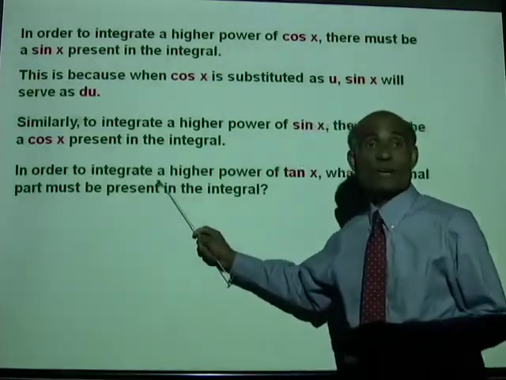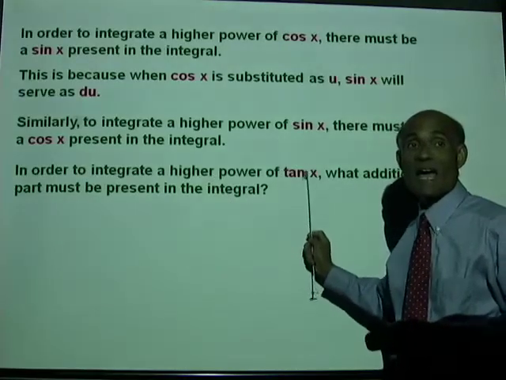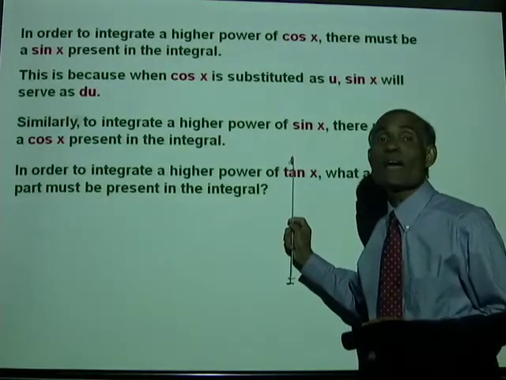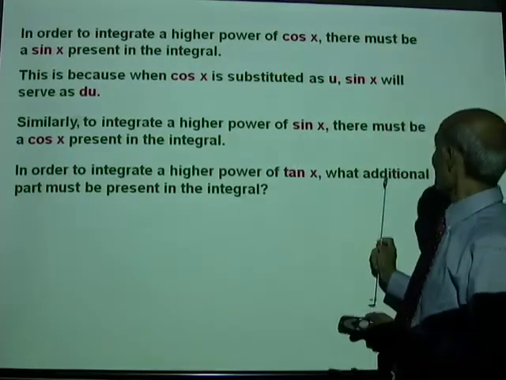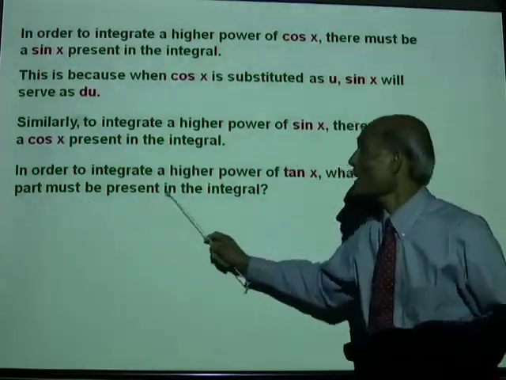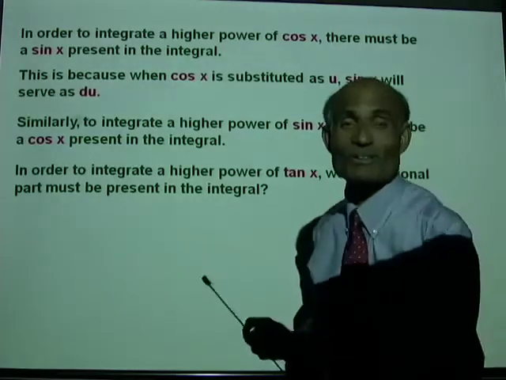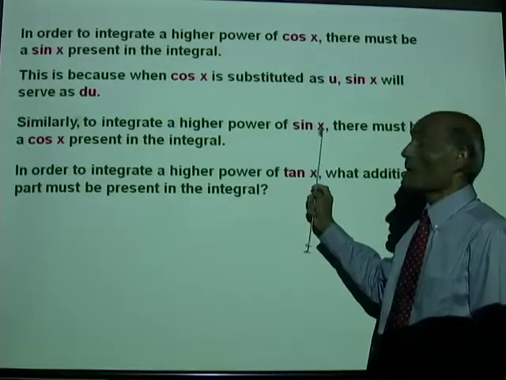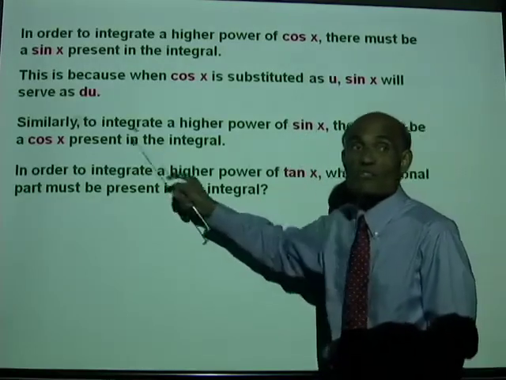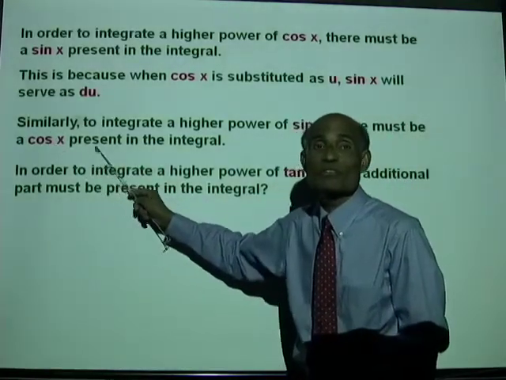In order to integrate a higher power of tan x, what must be there? What additional part must be present in the integral? Well, if you look here, in order to integrate a higher power of sine x, there must be a cos x present. Why?